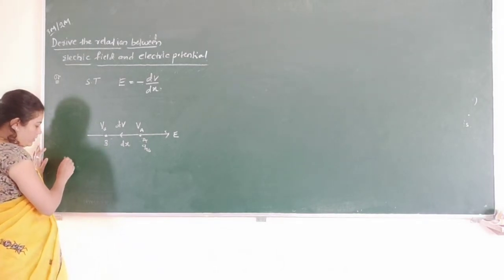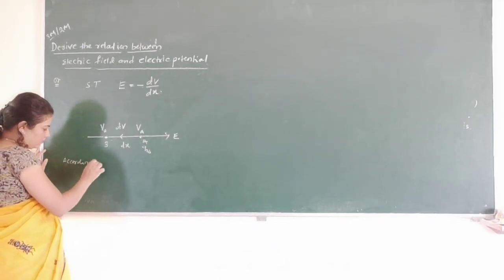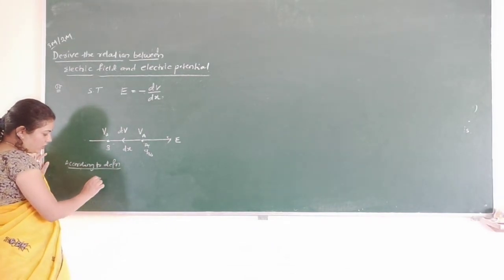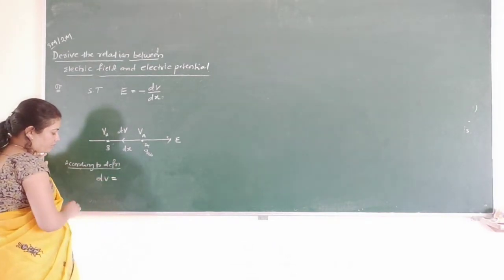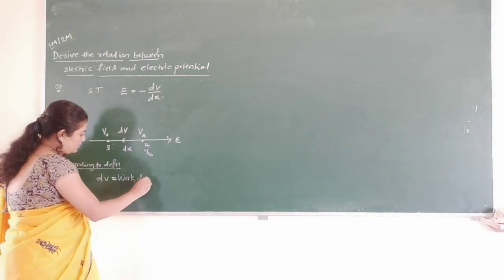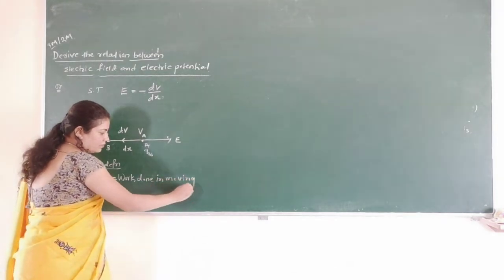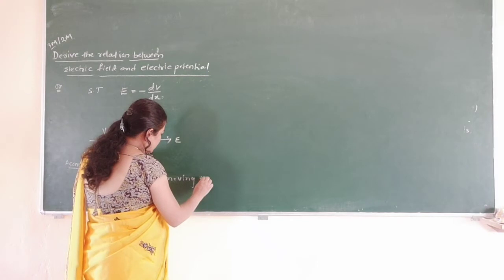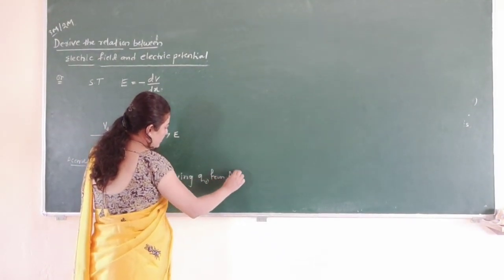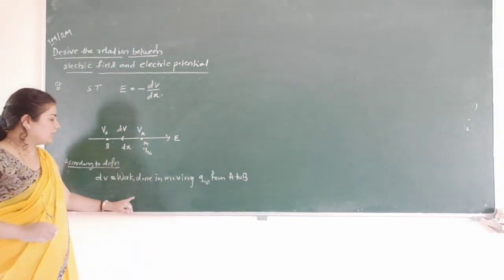So according to the definition, potential difference is equal to work done in moving a test charge Q0 from A to B. Don't write the definition here; we just write what we do here. Work done for what?